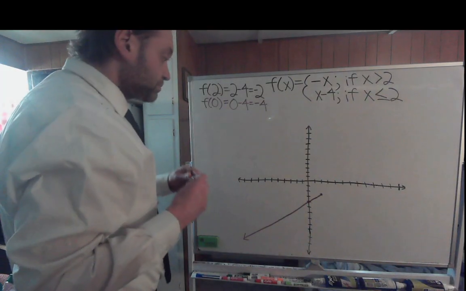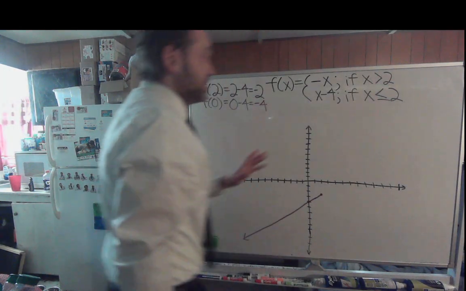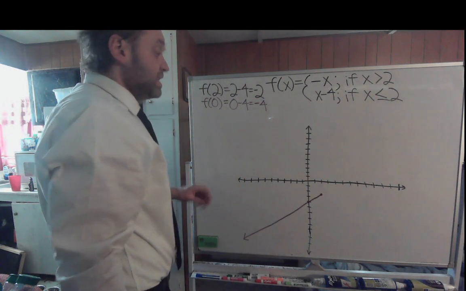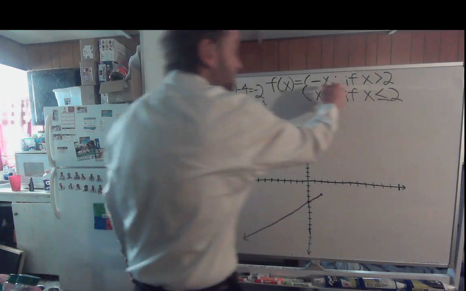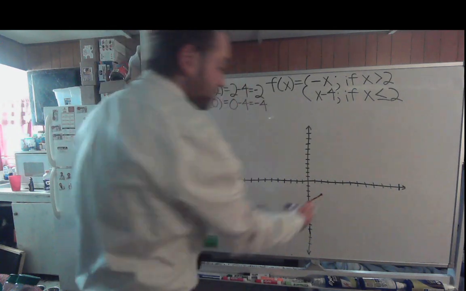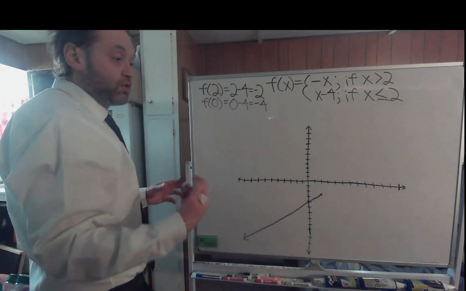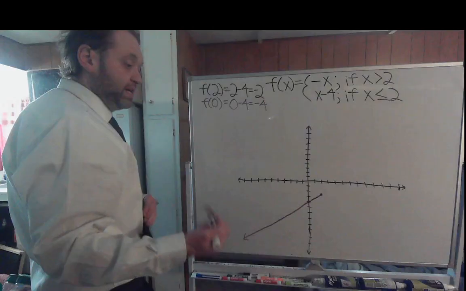Okay. Now, let's deal with if x is just greater than 2. Well, let's put in 2 itself into -x, even though it wouldn't be defined there, you would still get -2. And you can have disconnected graphs, by the way, of piecewise functions.